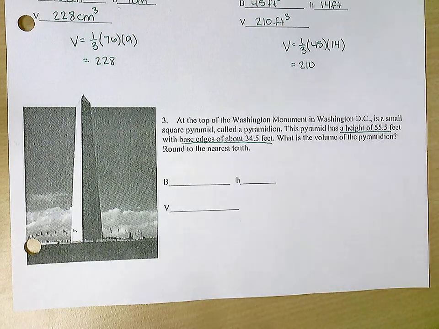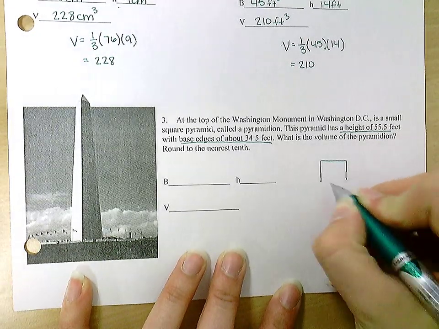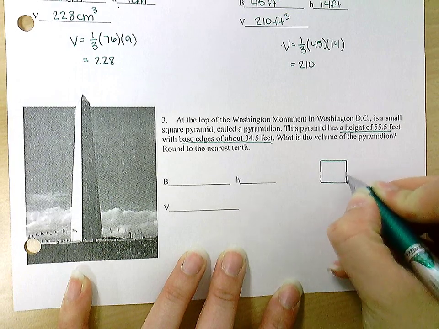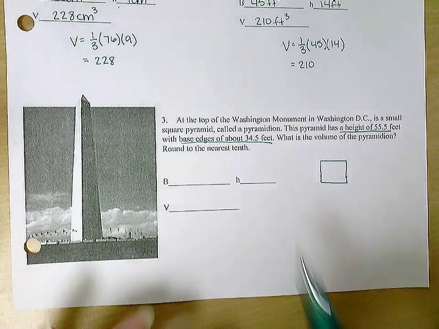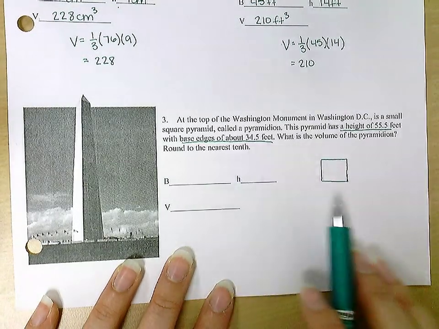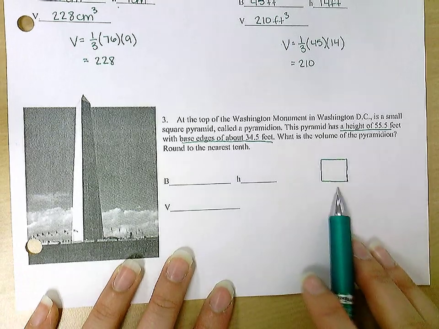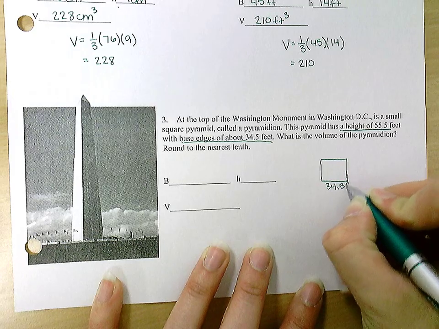Thinking about this, it's a square pyramid. That means your base is going to be a square. If it says the base edges are about 34.5 feet, that means each of these edges around that square base is 34.5 feet.